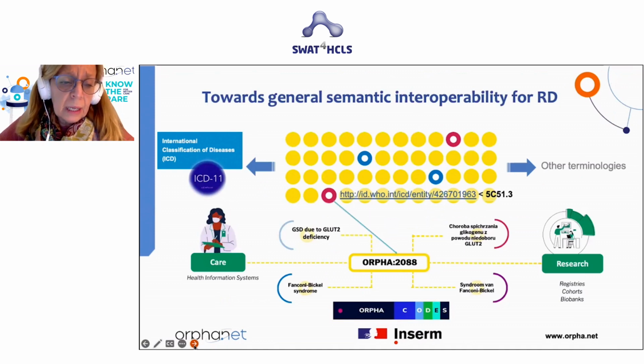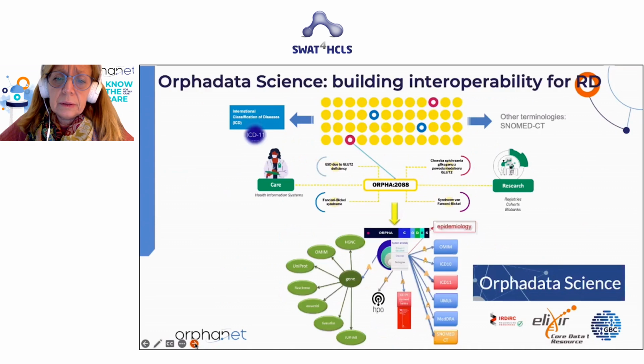So how the terminologies are comparable or not. Now the ORPHA codes are aligned with several terminologies and also with other standards for other pieces of information to describe rare diseases: disabilities using the International Classification of Functioning, phenotypes using the Human Phenotype Ontology, genes using the Human Gene Nomenclature, and then from there linking to other genetic terminologies and resources.